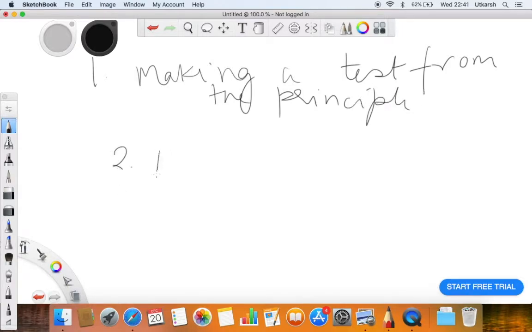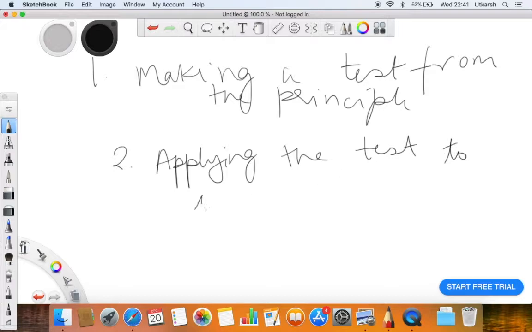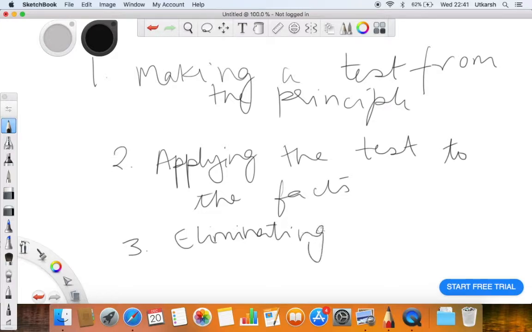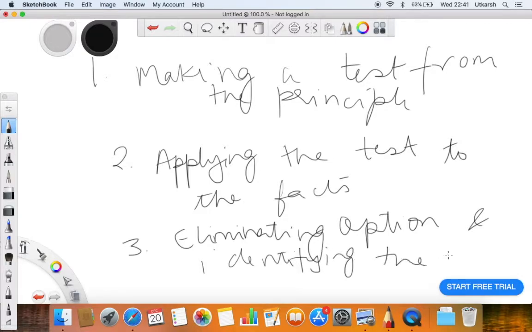Second, applying the test to the facts. And third, eliminating options and identifying the correct one.